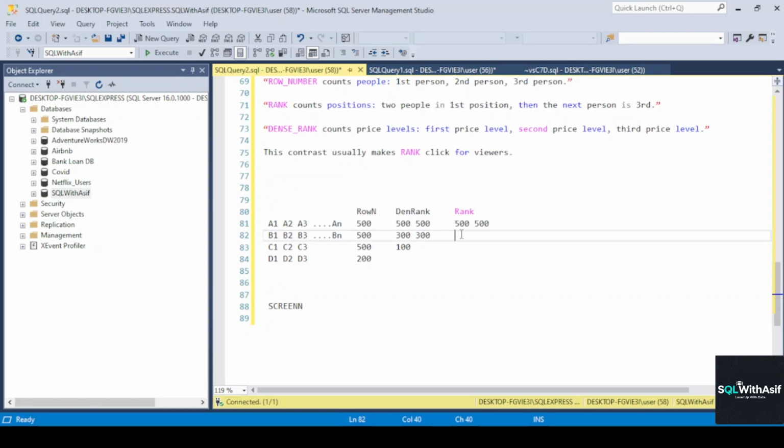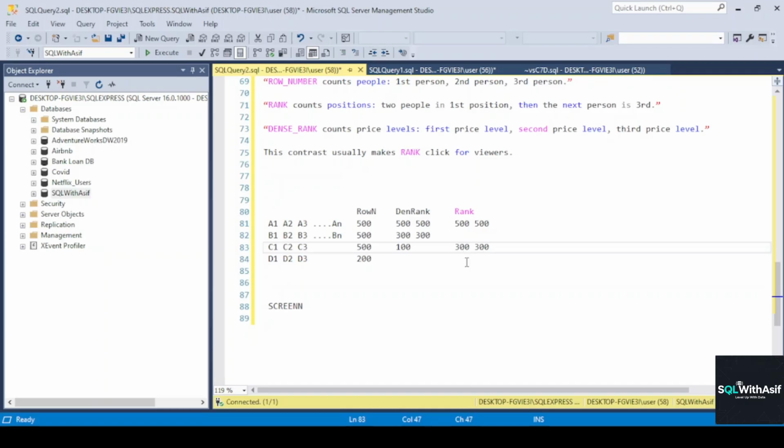I will not give him the next seat over here for 300, even though he is the next lowest ticket price payer, because two persons are already here, and rank focuses on positions. So two positions have been assigned in the same rank. It will not give the very next row; now that two positions are filled, he will get the third position or third rank. The third rank will come over here in C, so over here it will give a new one, 300. Another person comes and gives 300, they will be welcome over here.